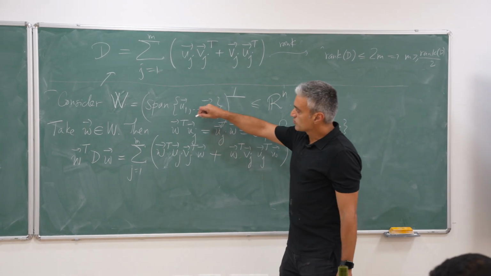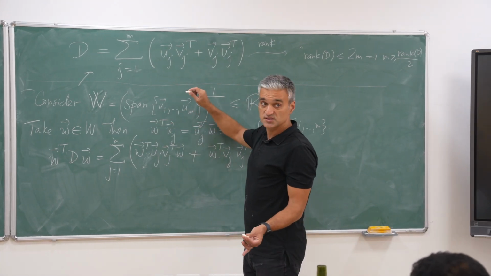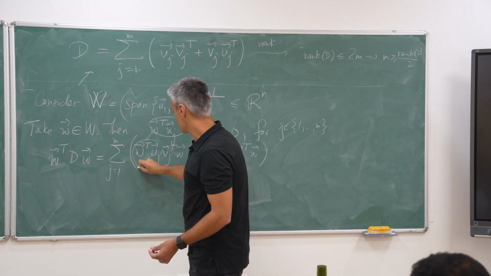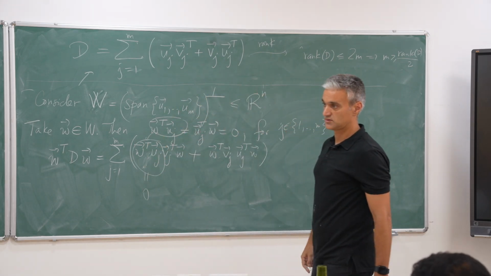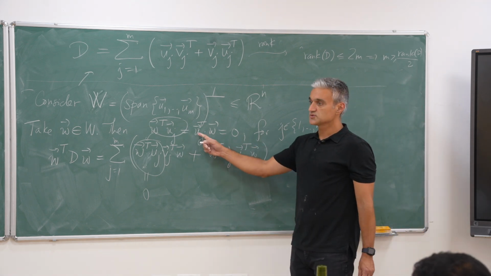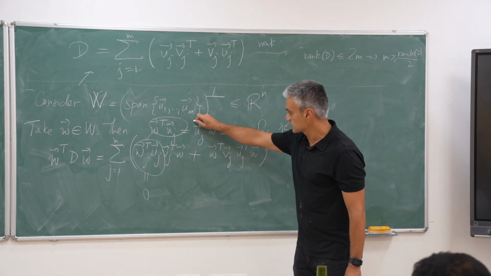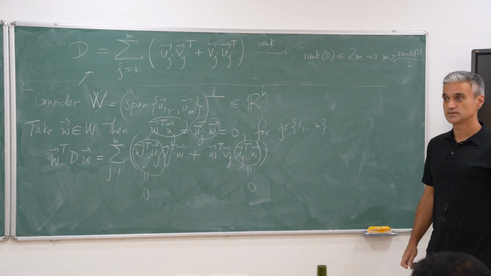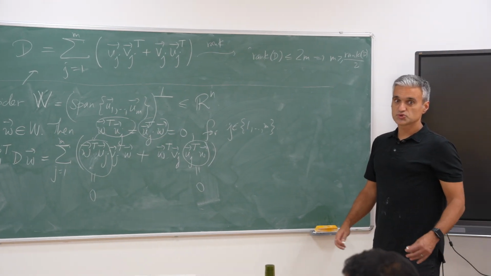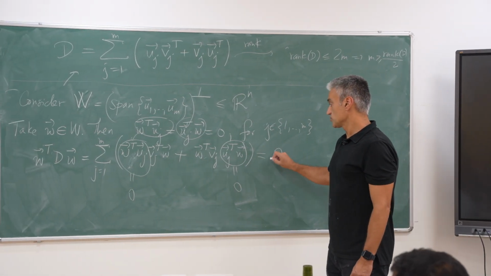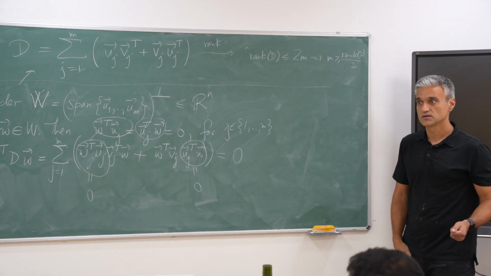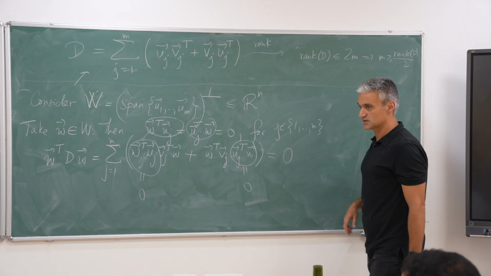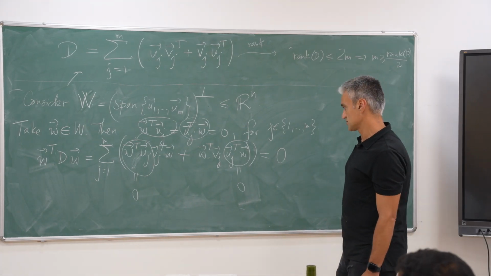Now, when w meets a uj, it vanishes. So this part is going to be 0. And when uj transpose meets a w, it also vanishes, so this part is also 0. So this guarantees that this sum will be 0. So w in here means that w transpose Dw is 0.